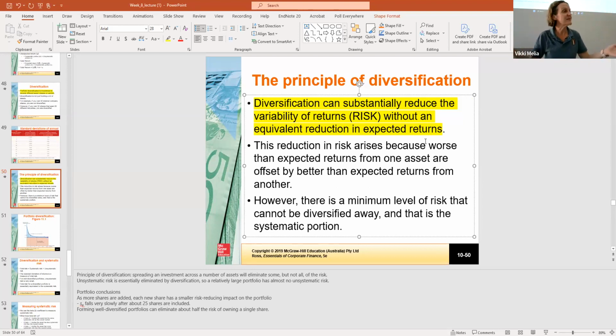But most of us, as investors, are risk averse. Risk averse means we don't really like taking risk. We'll only take risk if we get compensated with a higher return. So to have this big reduction in risk for a small reduction in return is a good trade-off for a risk averse investor.